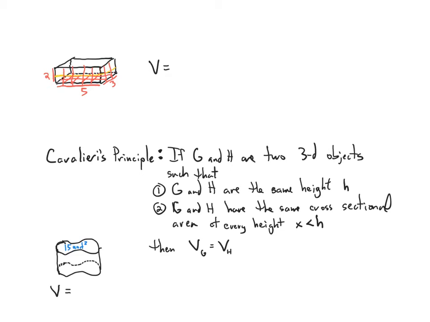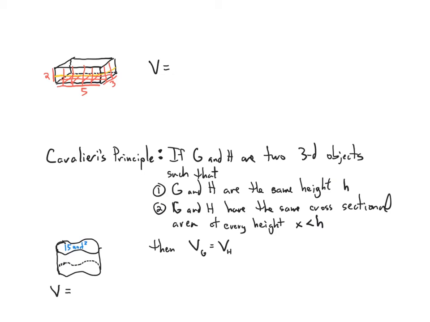So really, we're just taking the area of the base and we're saying, well, in this case, length times width is the number of cubes. And then how many layers do we have? We have height, the number of layers.